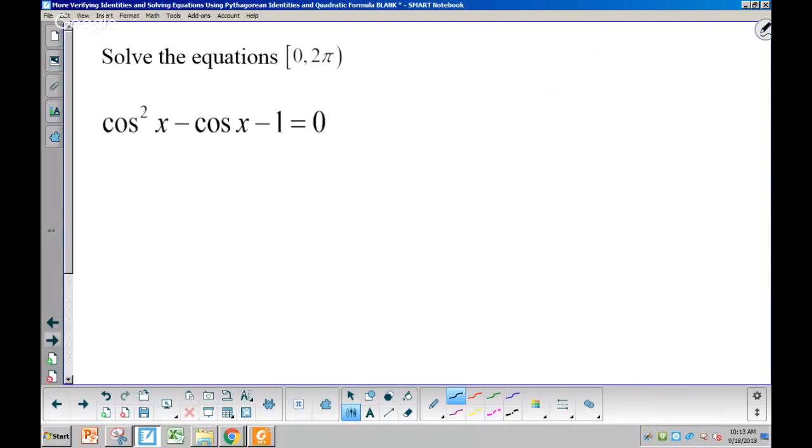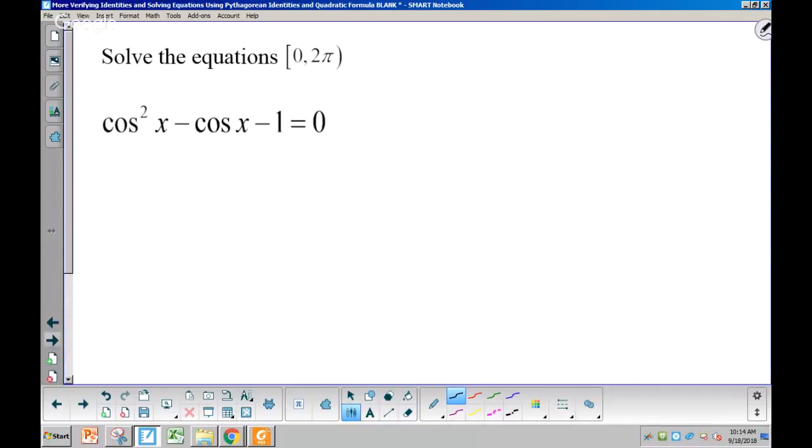No. So what other way can we solve a quadratic? We use the quadratic formula. Somebody said complete the square yesterday. Now I wouldn't want to do that with these. Do you want to? No. All right.